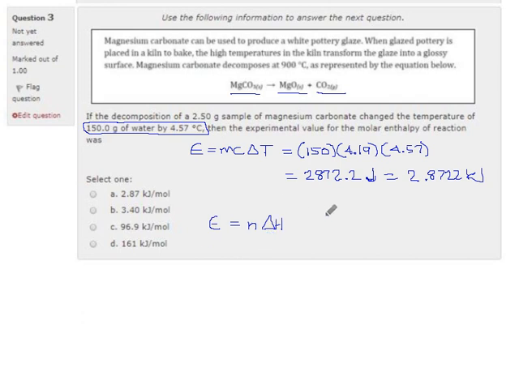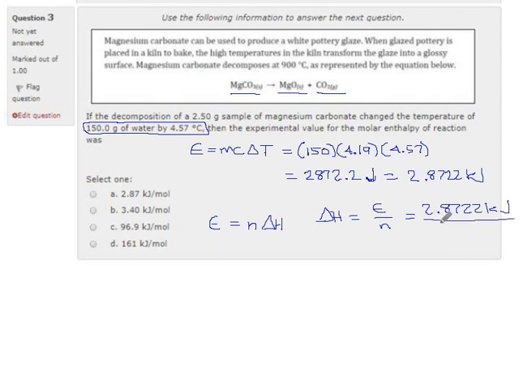So, divide both sides by n, and you get the delta H we want to find is the total energy divided by the number of moles. Well, we have the total energy, it's this. This is the energy the reaction produced because it's the amount of energy the water soaked up. So that is 2.8722 kilojoules.